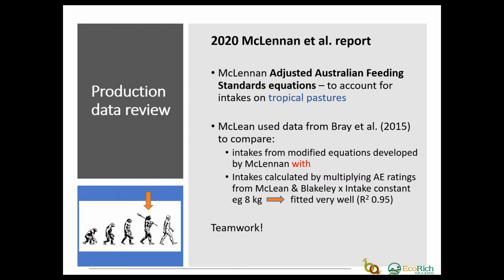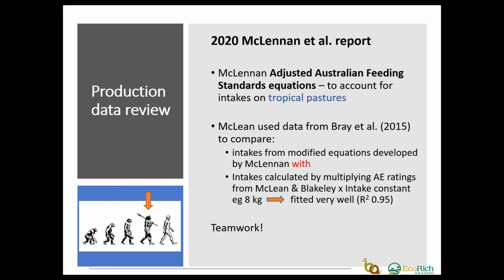Now, Stu then adjusted his model, which is called quick intake, and it has the Australian feeding standards equations in that model. And he adjusted those equations to better reflect the intakes of cattle grazing on tropical pastures. And so now we have adult equivalent ratings that cater for those cattle on tropical pastures. And that was a big step forward for us.